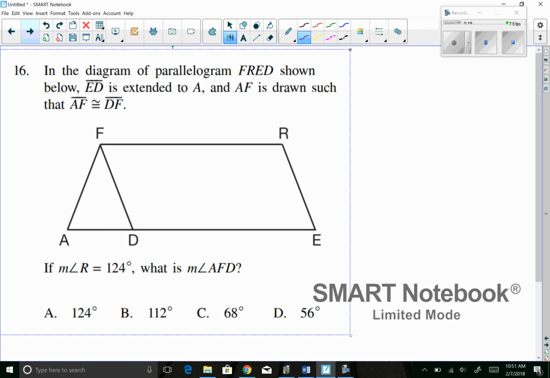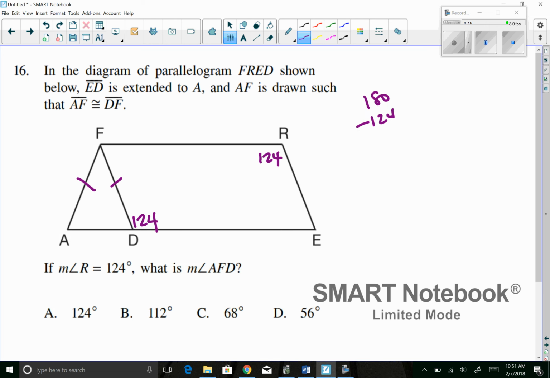The next one, so if we know that those two segments AF and DF are congruent, I know that AFD is an isosceles triangle. Also tells us that FRED is a parallelogram. So if angle R is 124, I know angle D is 124. Well, if I take 180 and subtract 124, that gives me 56.